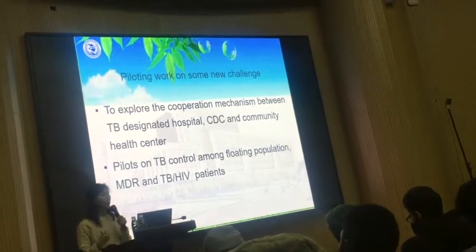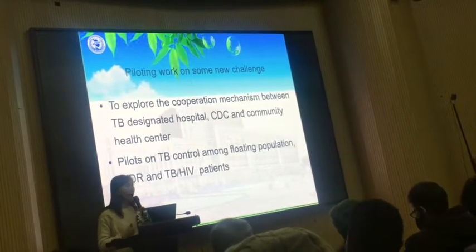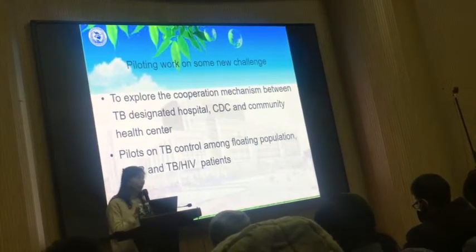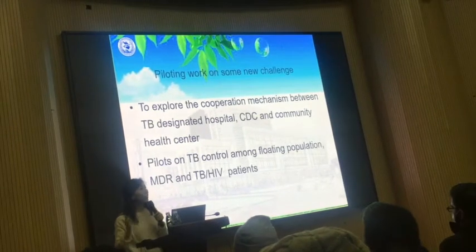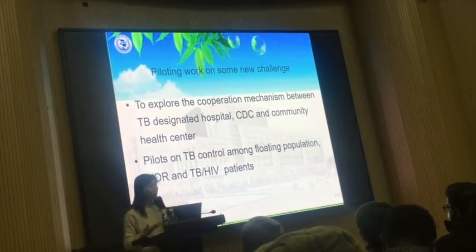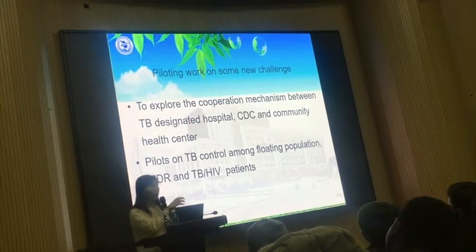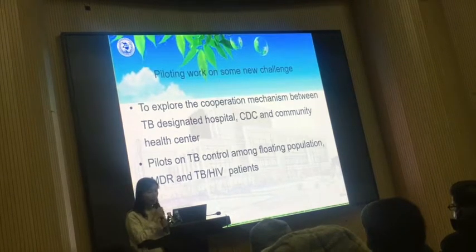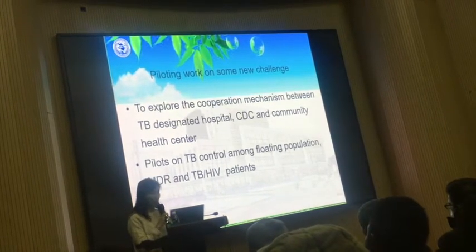And the community health center is in charge of referring the suspects and doing DOT work. So we need to explore the cooperation mechanism between these three.